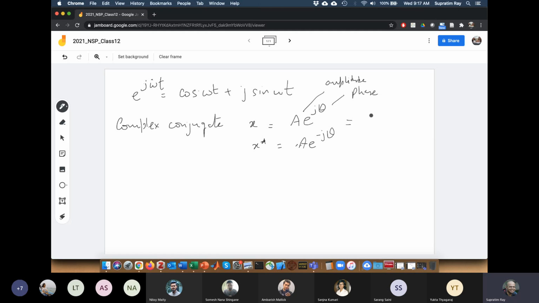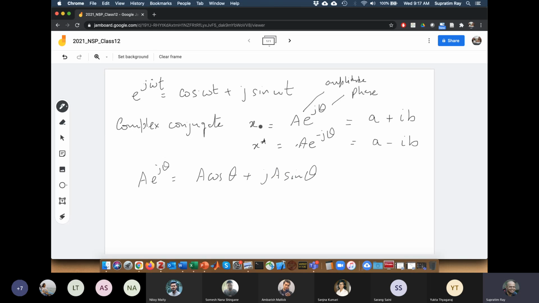Or if you write it as a real term and a complex term, its conjugate is this. Okay, so you can find all these relationships. This can be written as A cos theta plus j A sine theta.